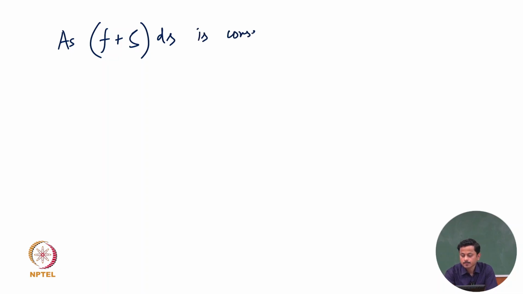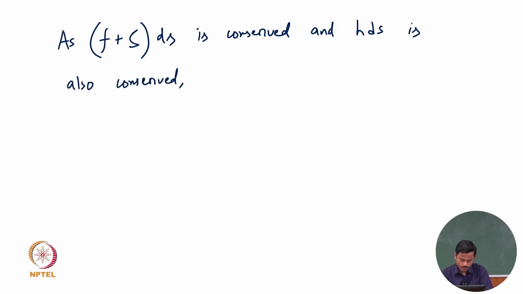Now as f plus zeta times dS is conserved, and h dS is also conserved because that is the volume, hence their ratio must also be conserved.